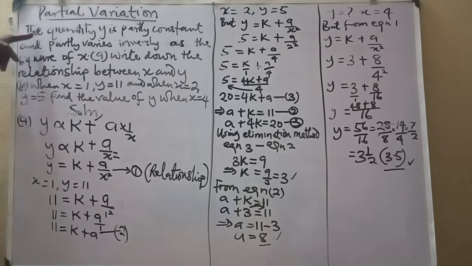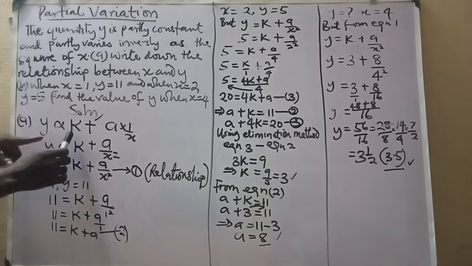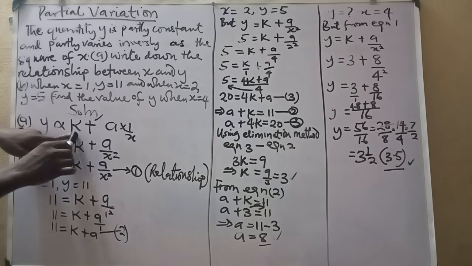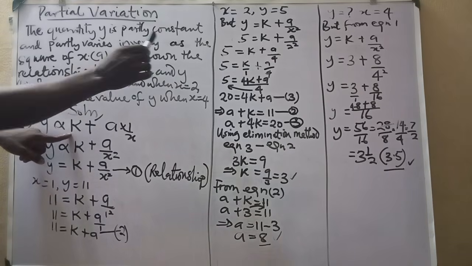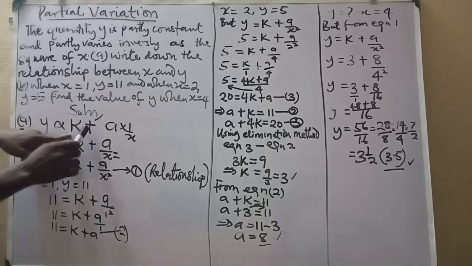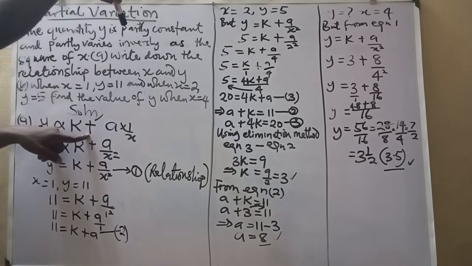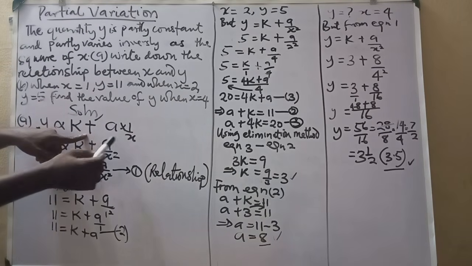Look at the question. The question says the quantity y is partially constant. That is why y varies partially as a constant. The first statement is that y varies directly as a constant, and now we introduce the addition sign, and y partly varies inversely as the square of x.